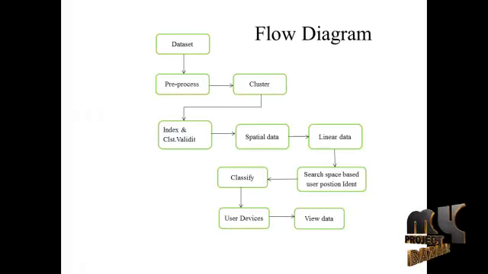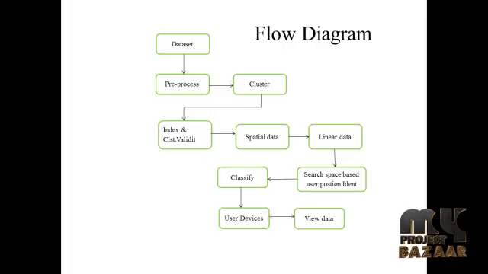Okay, this is our flow diagram for the linear quadtree based spatial data analysis. The first step is the data set. Different sets of attributes create a data set, and the data set is loaded. After that, these values are stored in the database.